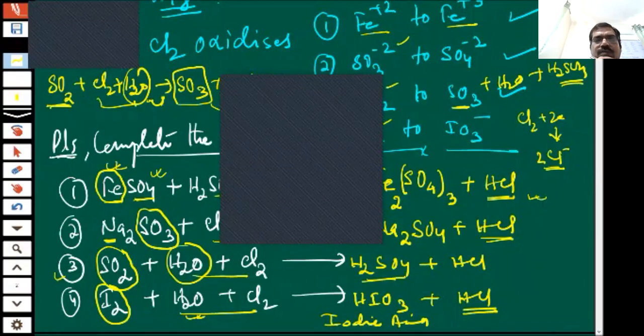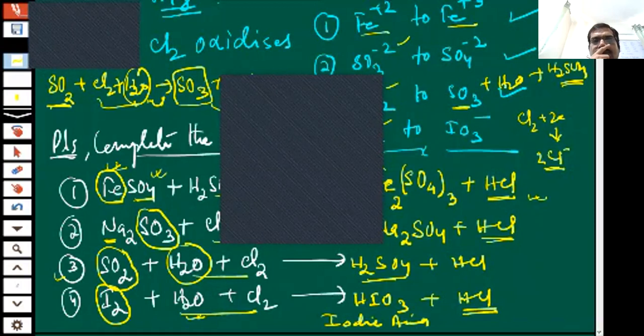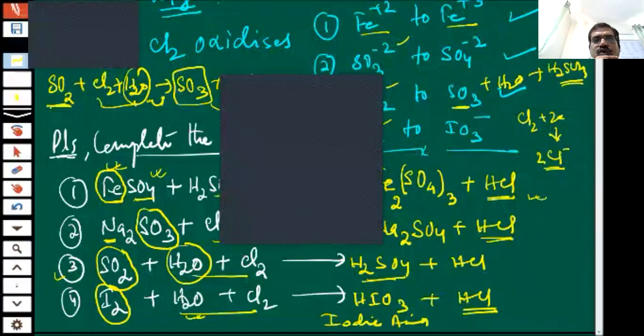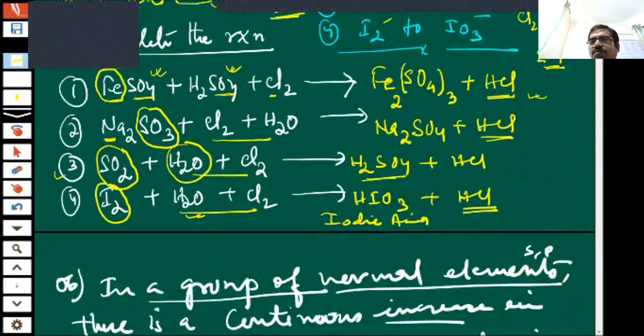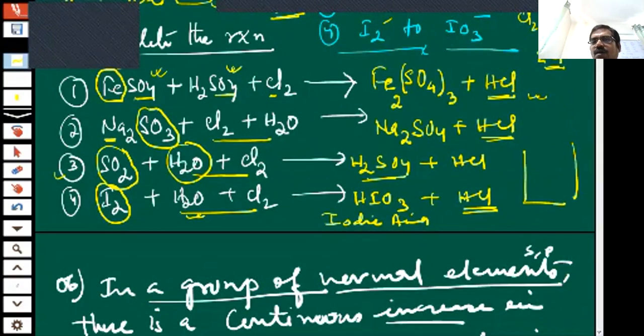Sir, will that not be volatile? Which one? SO2. Yeah, but before leaving, because it is happening in a container. It is happening in a container, okay? So in that, water is there, and this sulfur trioxide is formed inside.